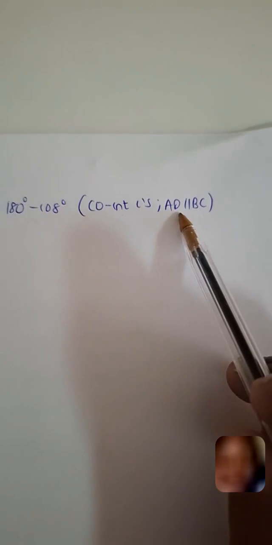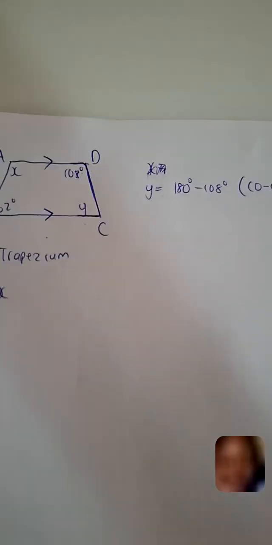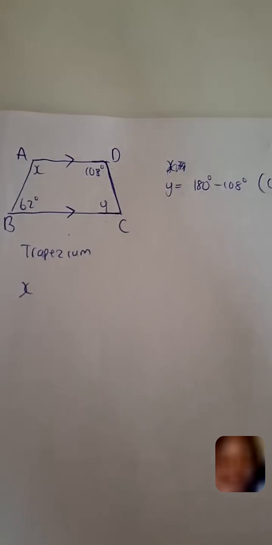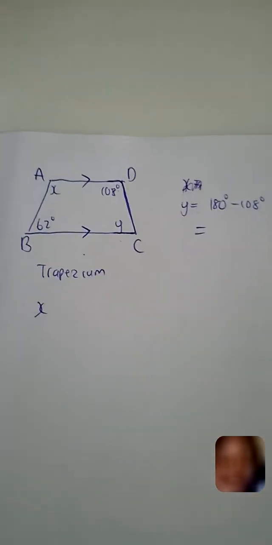Whenever we write the reason, co-interior angles, we need to state the lines that are parallel. This makes the reason full and complete when we state the lines that are parallel after writing co-interior angles. The 180 minus 108 is equal to what, Kia? 72. Spot on.